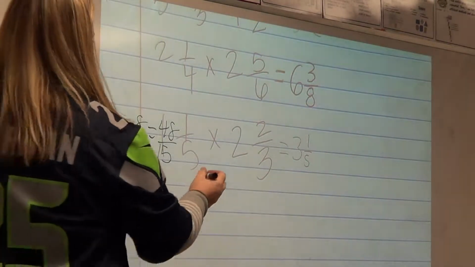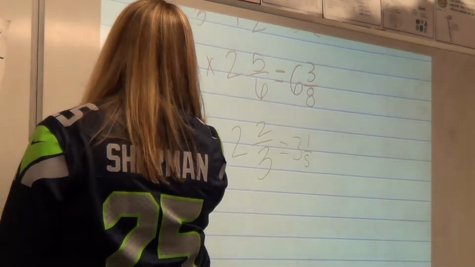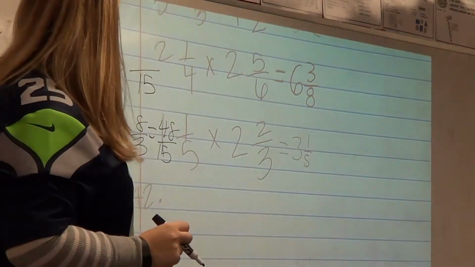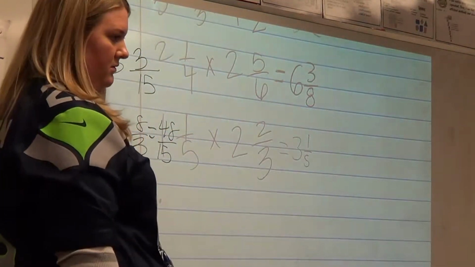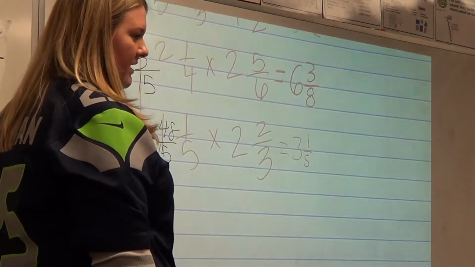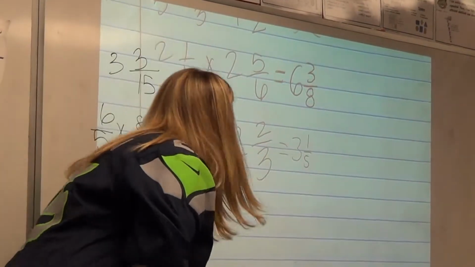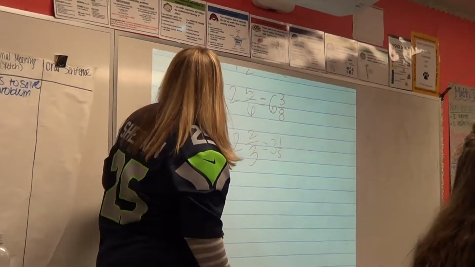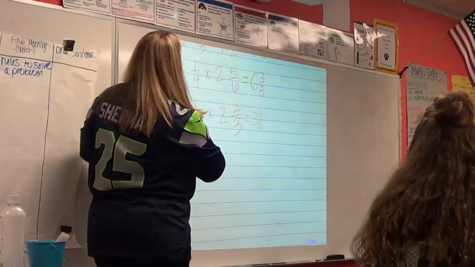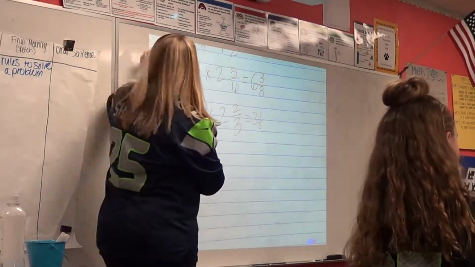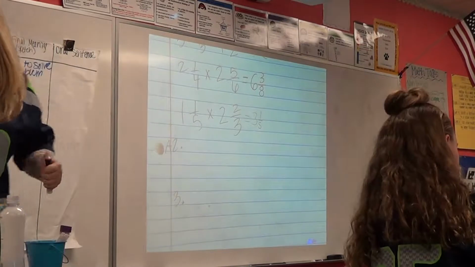And isn't that 45? 45, 46, 47, 48. And then we can reduce it. Got it? Okay. But up there it still says 3 1/5, so it's supposed to be 3 and 3. Well, this reduces down. Yep.